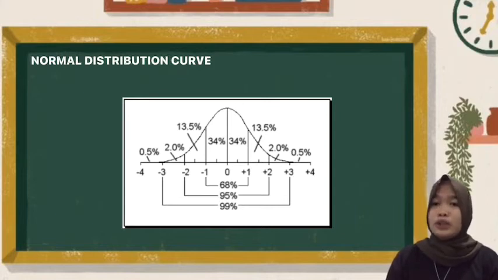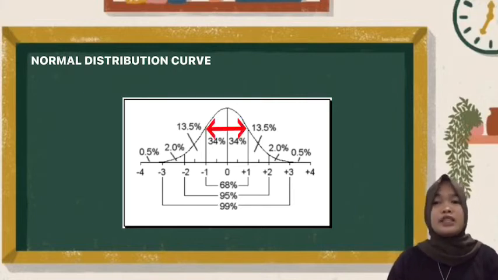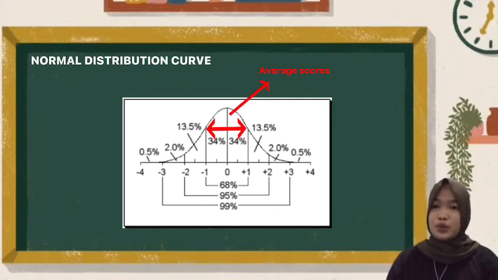Nandoon yung kurtosis or the congregation of the scores. That 68% of your students will be getting the score under the mean from -1 to +1. So, -1 to +1, it represents the average scores.